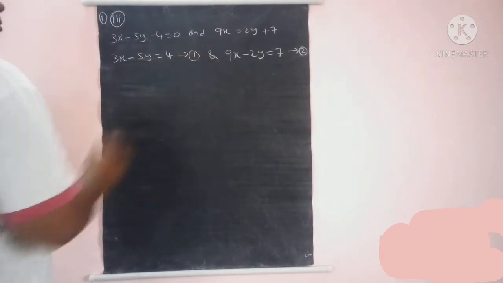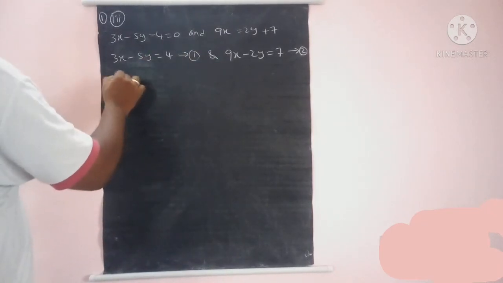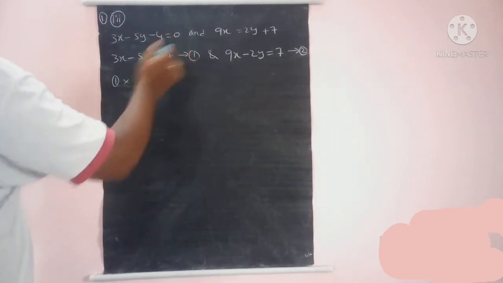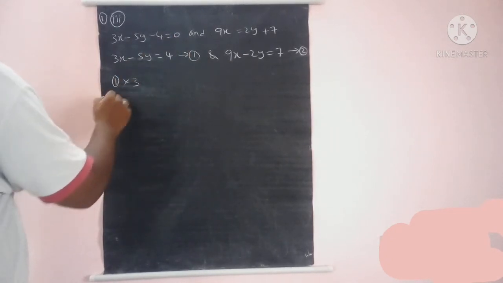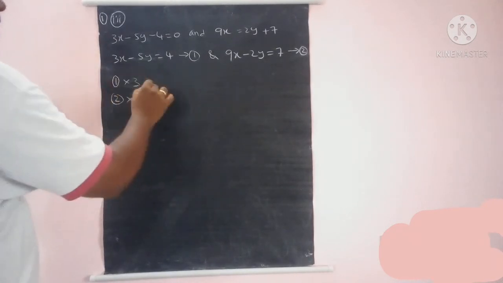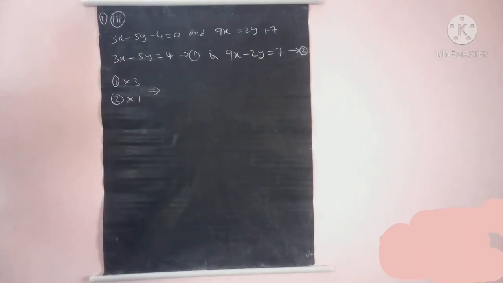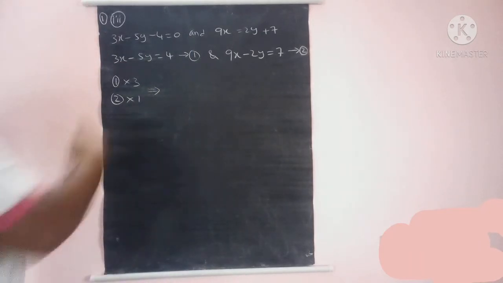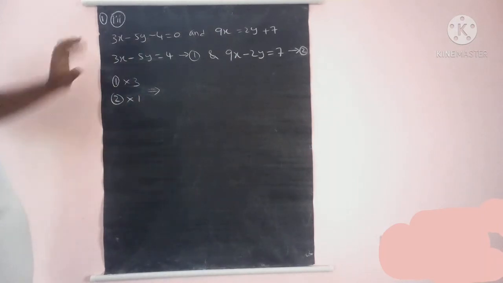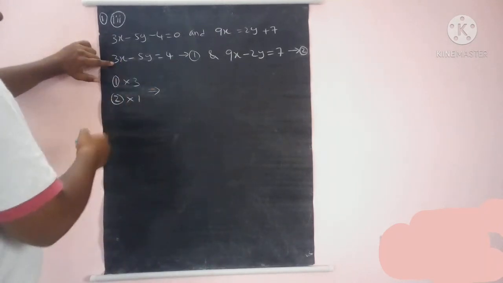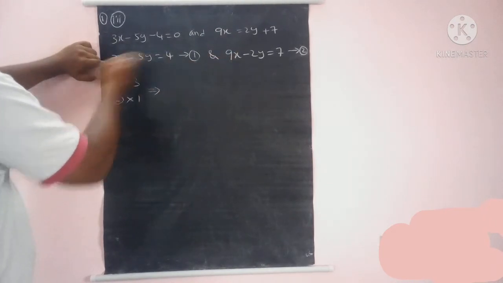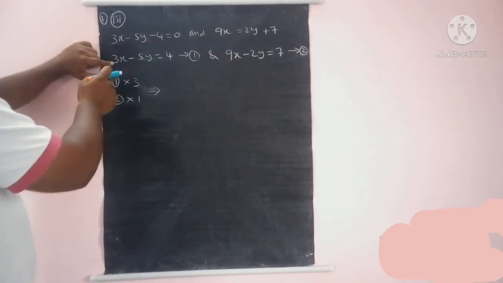So now multiply the first equation with 3 and the second equation with 1. See here, I changed things. In the previous questions I said multiply with the x coefficient, and here I am multiplying the first one with 3. Why? Because the second one is 9x. If you multiply with 3, you will get that 9x.